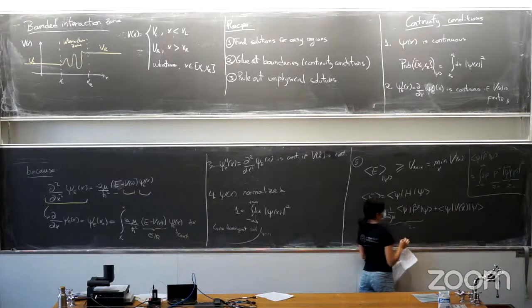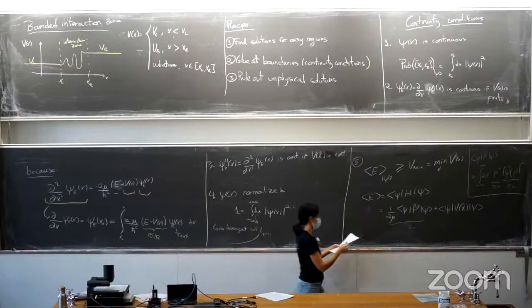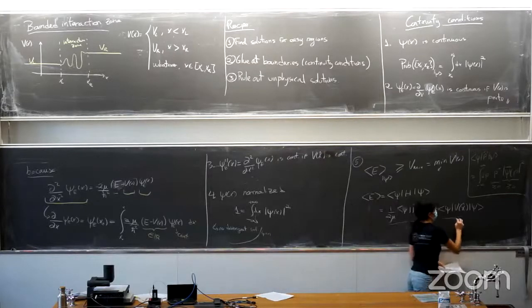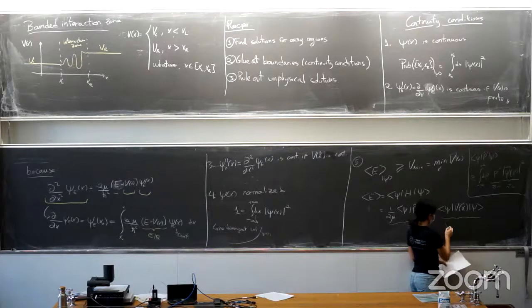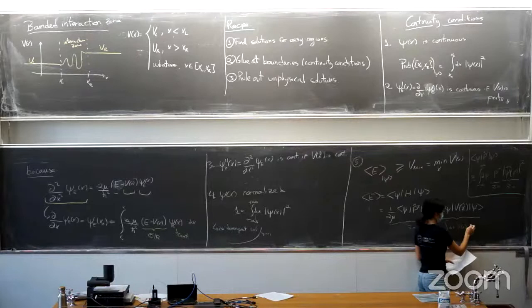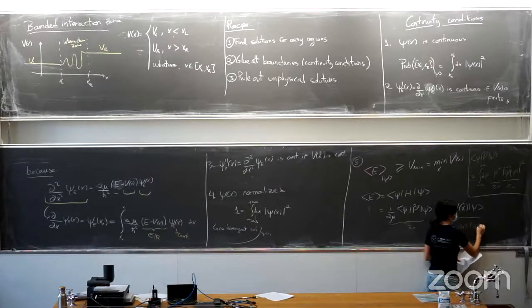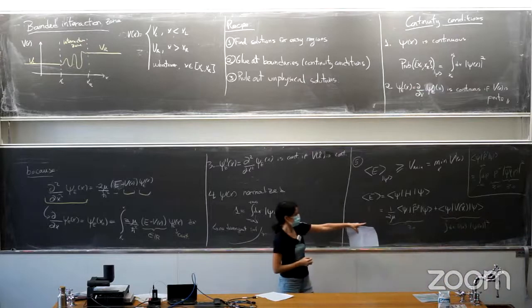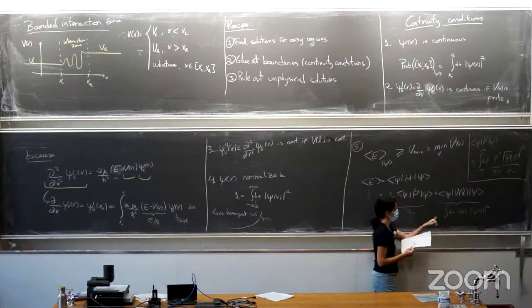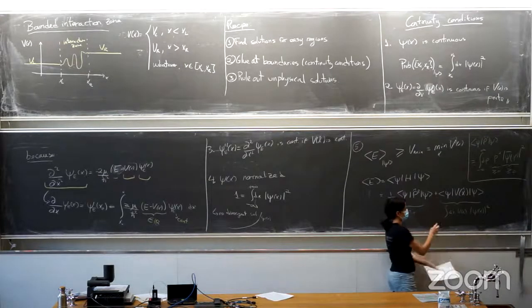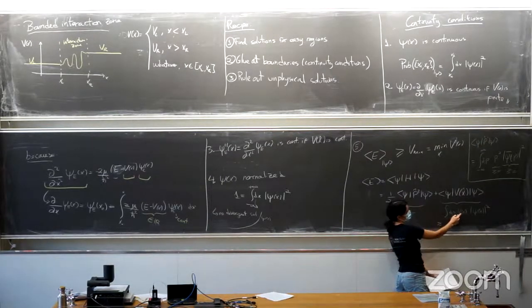And this term here is the integral dx of V of x times the square of the wave function. But this is always going to be larger than if we just replace V of x with the minimum of the potential.